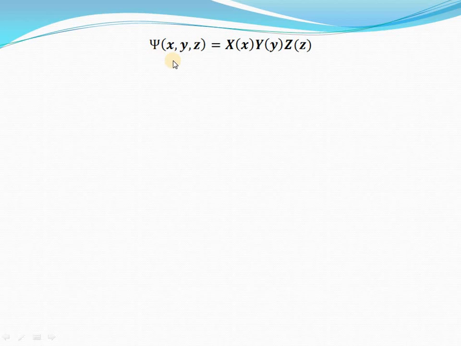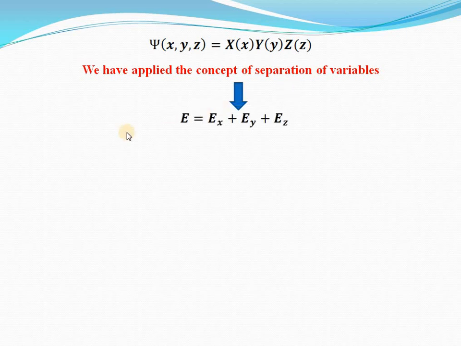When we do this separation of variables, we find that the total energy is actually the sum of the energies of each direction. So the total energy will be Ex plus Ey plus Ez, where Ex is the energy along the x direction, Ey is the energy along the y direction, and Ez is the energy along the z direction.